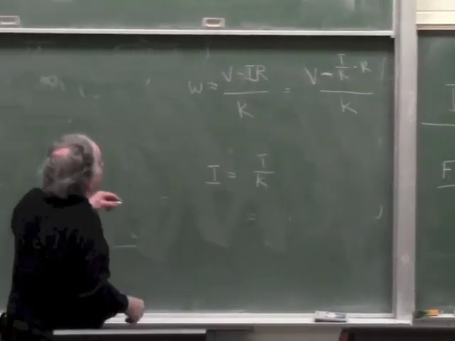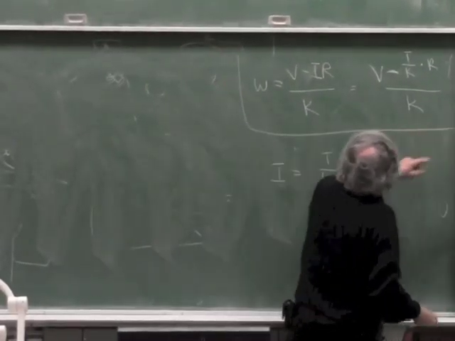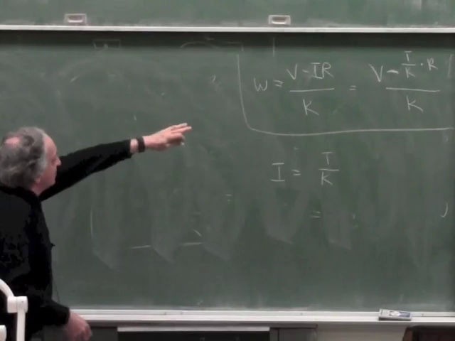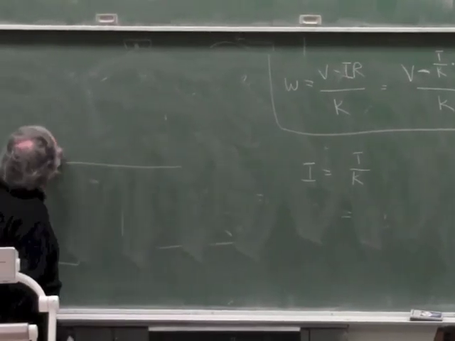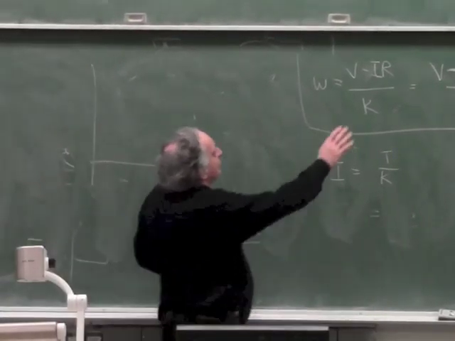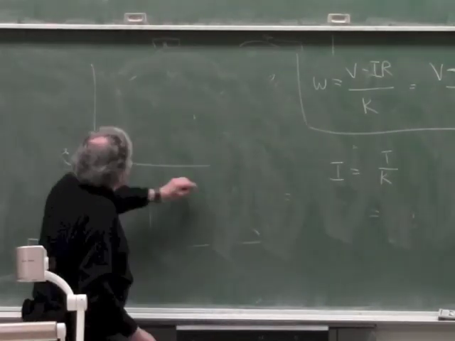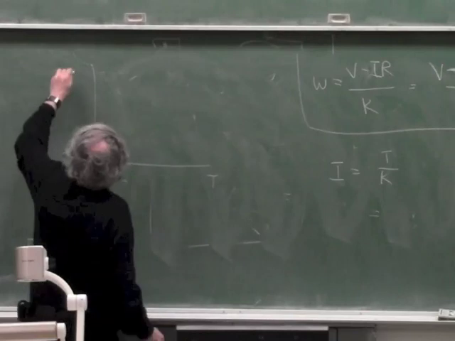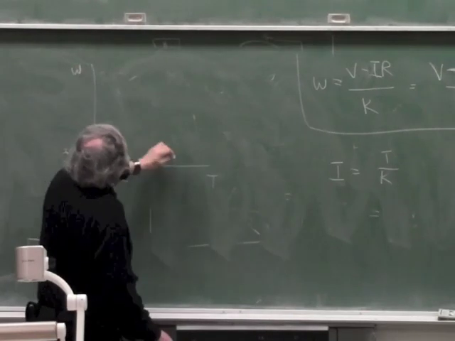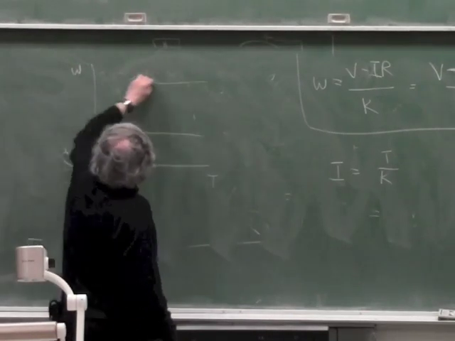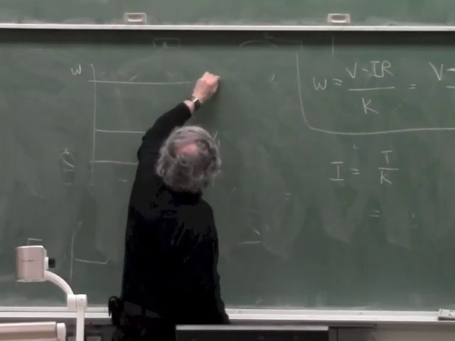So now we can plot a family of curves. Using this relationship, we can plot a family of curves. So if there is no torque, simply the curves will look like this. This is torque and this is omega. If there is no torque, the curves will just look straight lines, V1, V2.